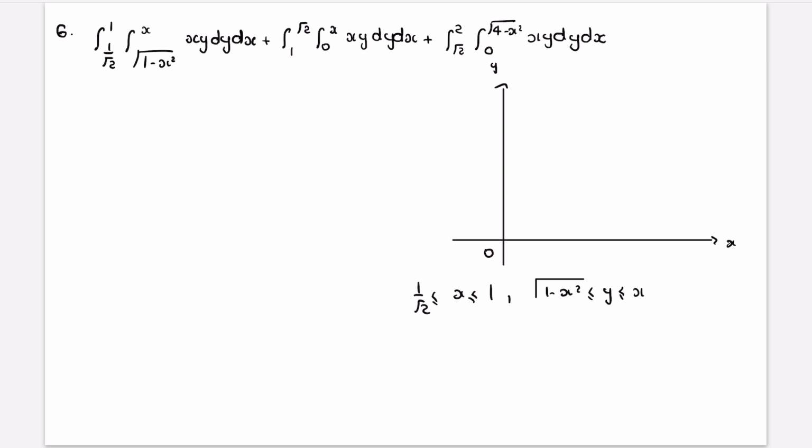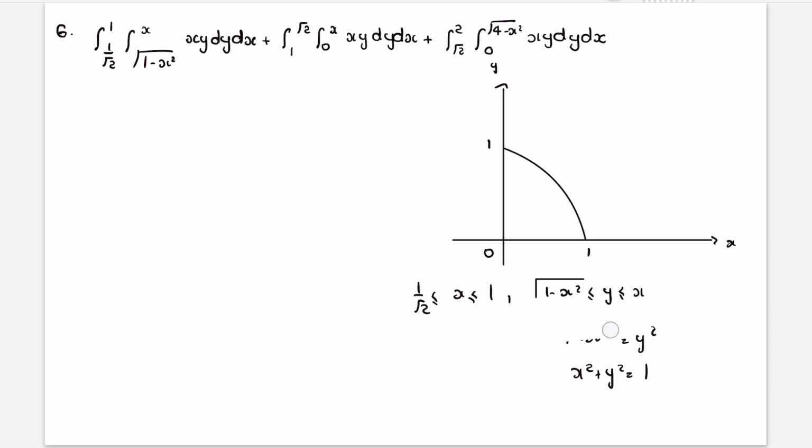So to draw the first part, we know that y square is 1 minus x square, so the radius of the circle is 1. Okay, let's draw this, it's 1 and 1.